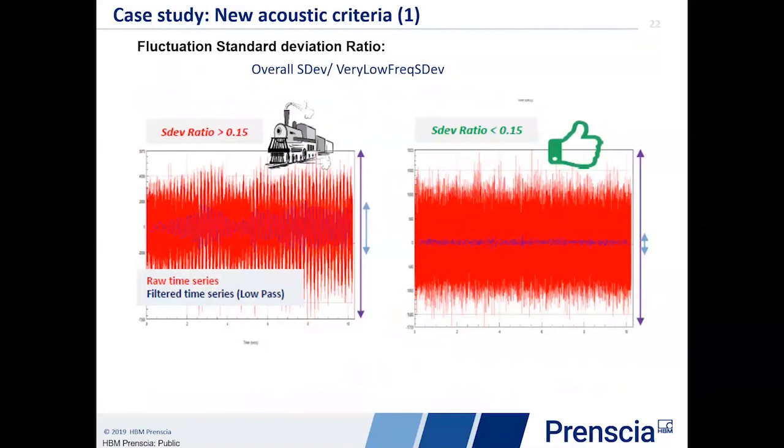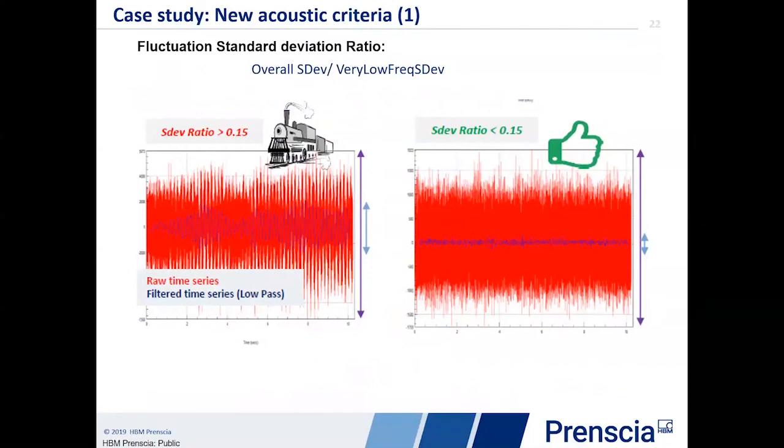So how did they develop this criterion? You filter the raw signal, and you calculate the standard deviation to better describe the spread content in the signal. And then you calculate the ratio of the standard deviation of the filtered signal to that of the original unfiltered raw data in the time domain.